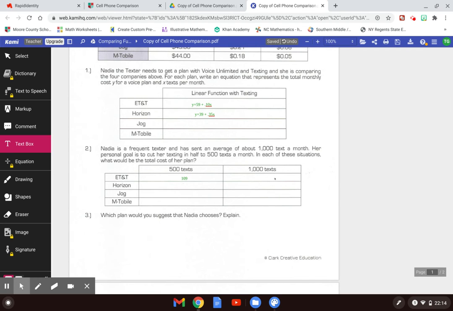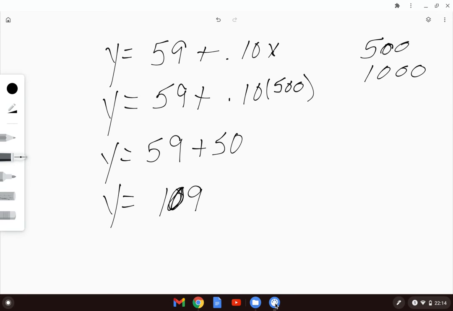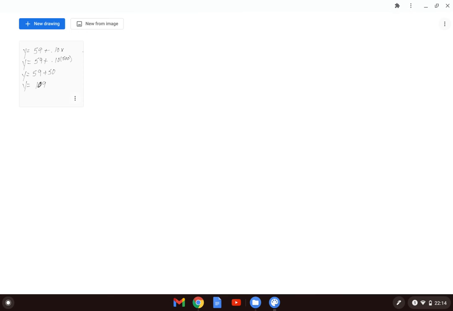All right, then we're going to have 1,000 texts. So we're going to take the same function, and this time we're using 1,000.